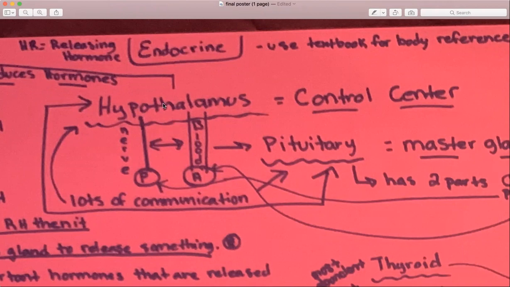So here we have our hypothalamus, our control center, and what I think is important, and you hopefully read this in your chapter, is that the hypothalamus has very powerful control over many different endocrine glands in your body.